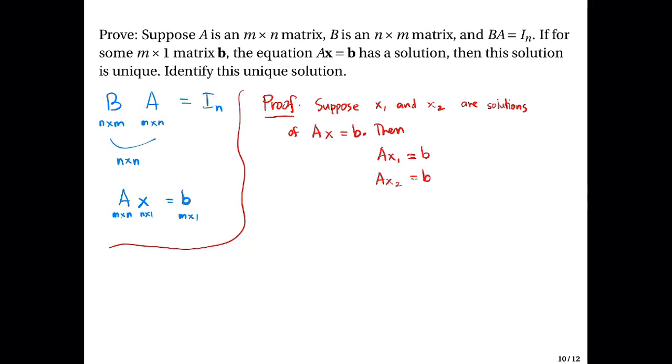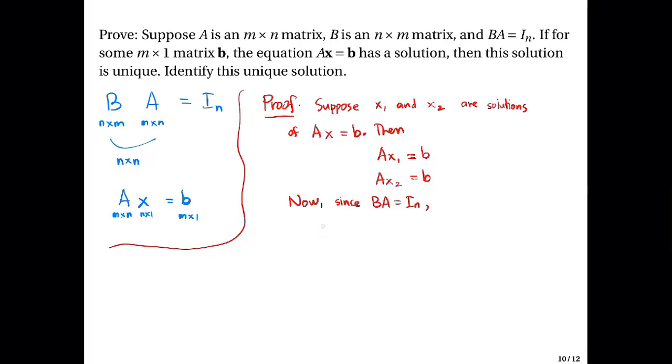Now, since BA is equal to the identity matrix, let's start with the left-hand side.